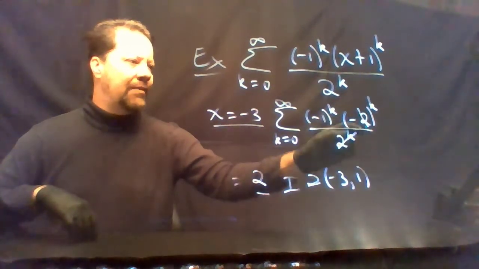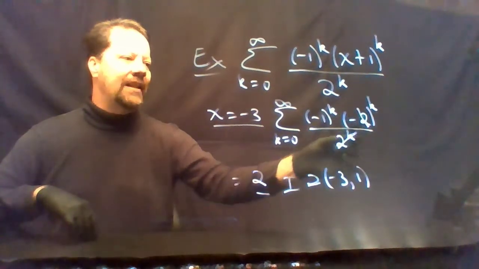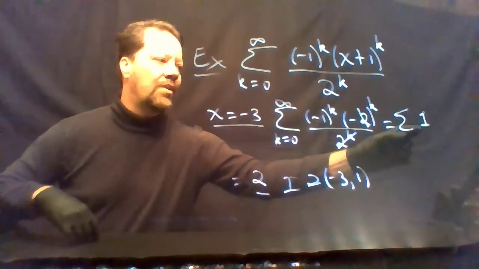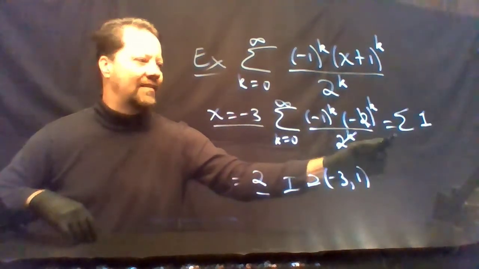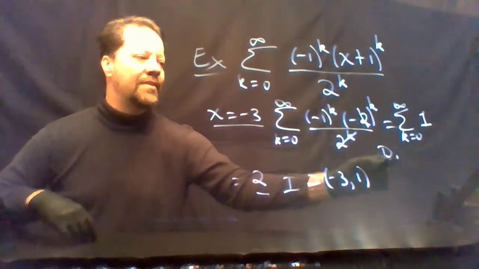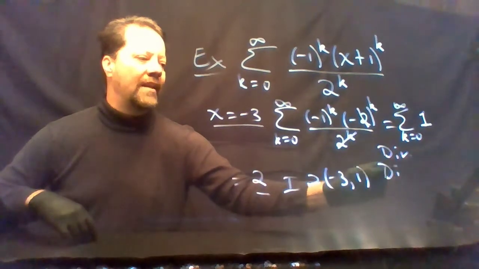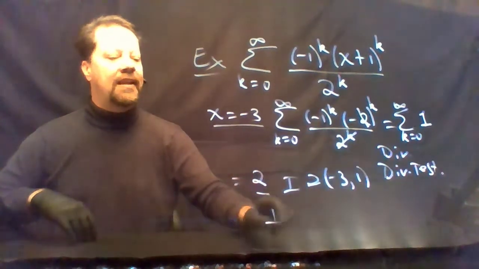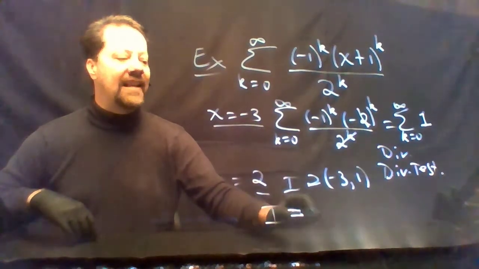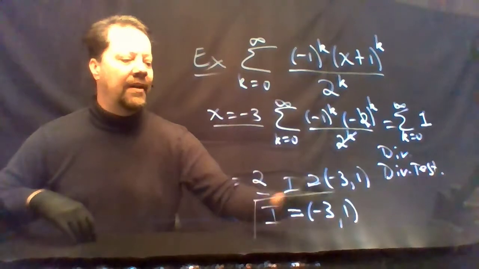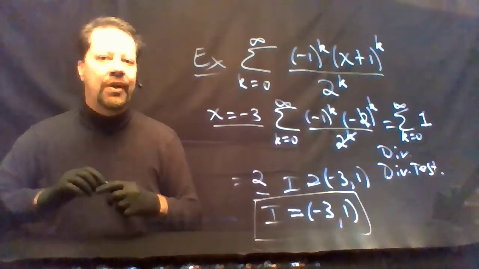The 2 to the k will cancel. -1 to the k times -1 to the k is just the sum of terms all having 1. This, of course, diverges by the divergence test. It follows then that the interval of convergence is in fact equal to everything from -3 to 1, not including either endpoint.